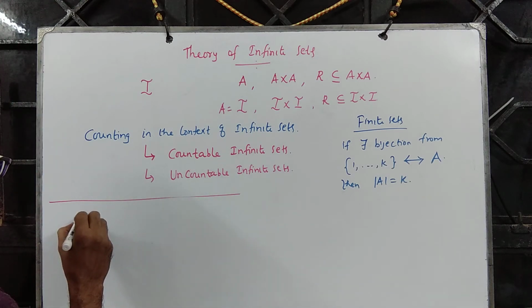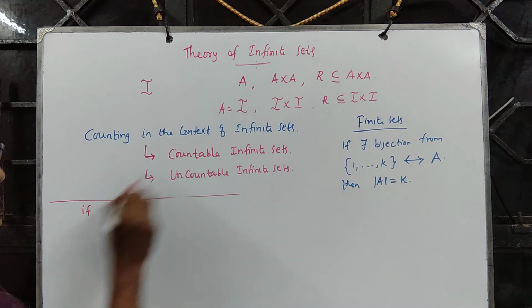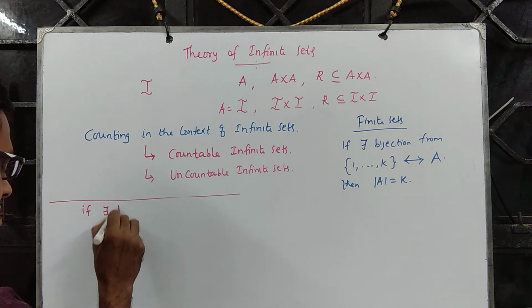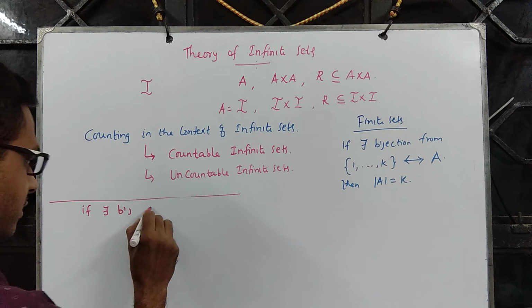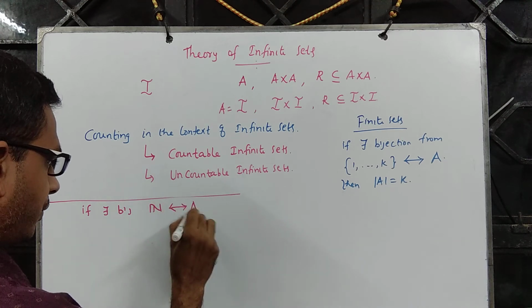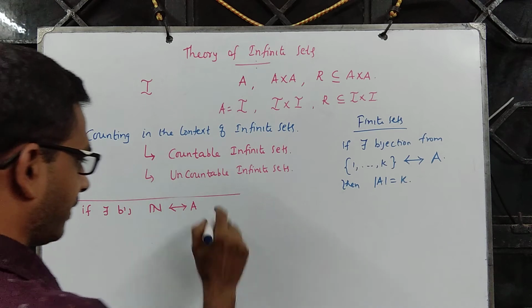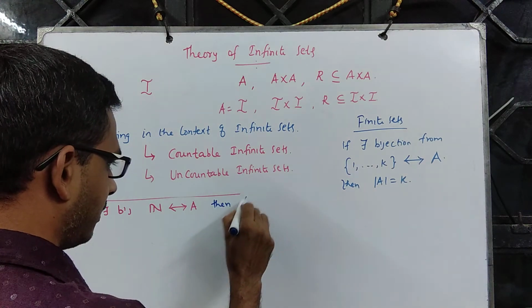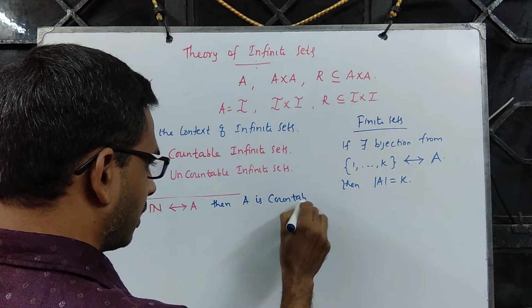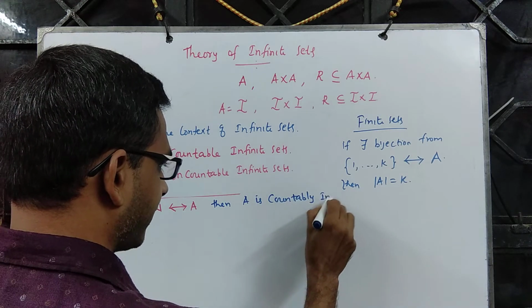So we say a set is countably infinite if there exists a bijection from N to A, then A is countably infinite.